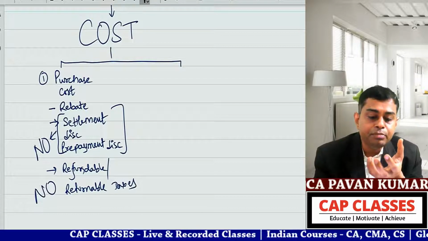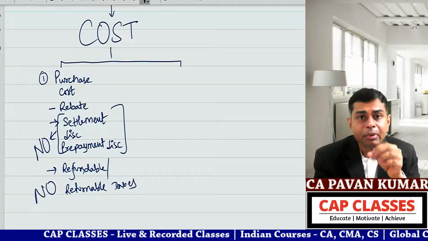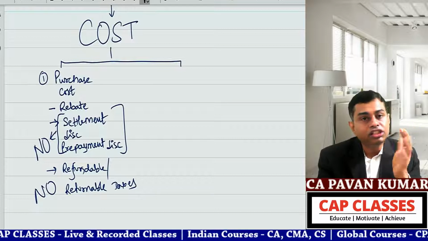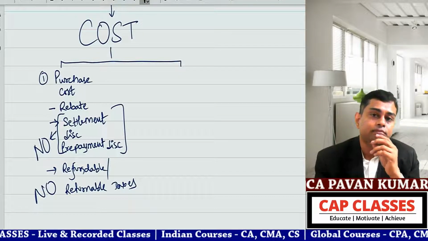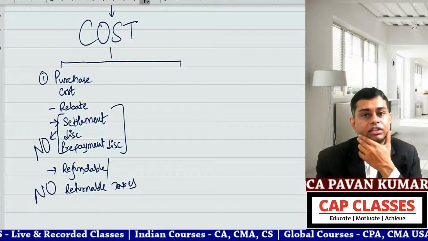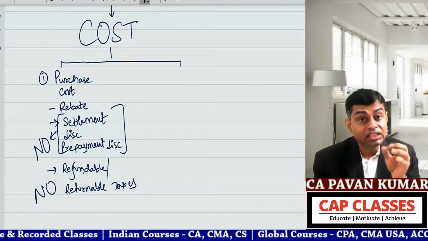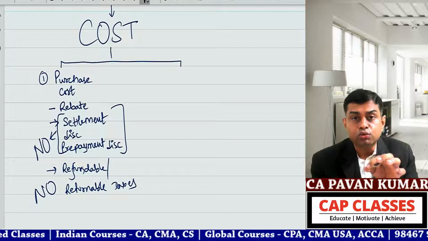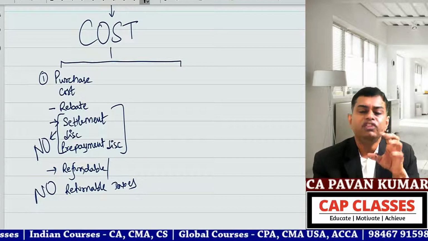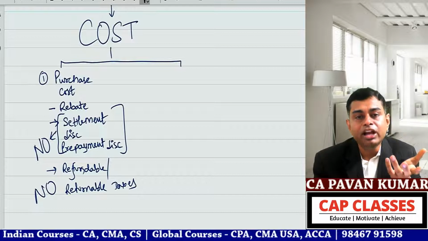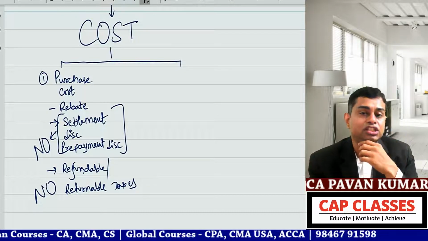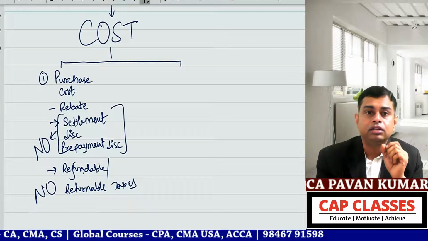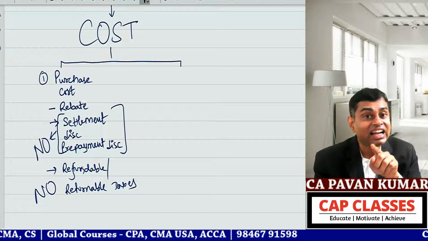Now imagine I have imported one machine and I paid 10,000 US dollars customs duty. I will not get the 10,000 US dollars back. In any manner, I cannot get it back. That can be added to the cost of the machine. But if I have purchased a machine in India and I have paid 10,000 US dollars towards GST within the country, in India we'll pay in rupees, but because this is a global course, I'm giving a US dollar example. 10,000 US dollars of VAT or GST paid, that can be taken as a credit, isn't it?